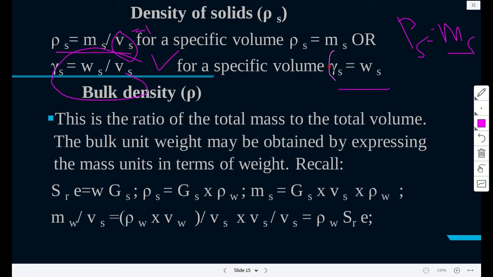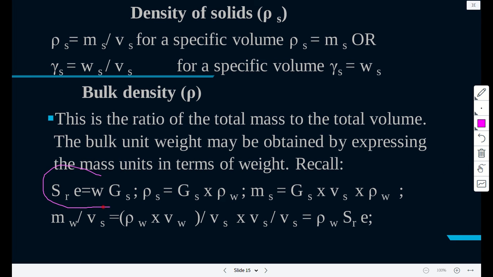But when you express them in terms of the specific unit weight, now let's see if you can follow this. The same thing. So this is from the previous understanding, and then this is also from previous understanding.